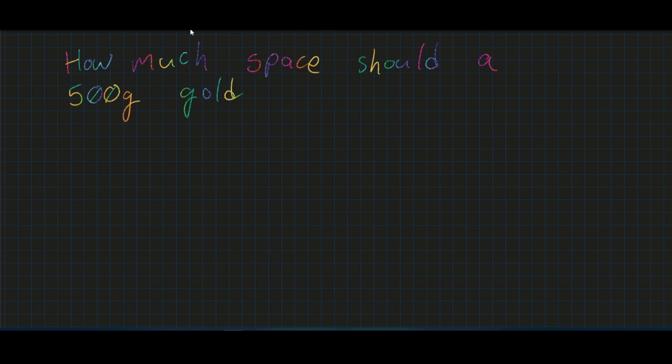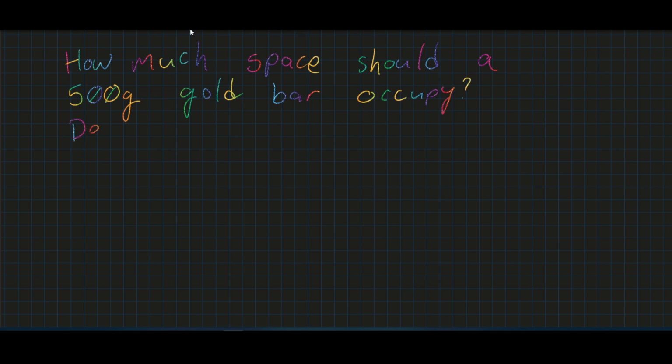Let's say you have, how much space should a 500-gram gold bar occupy?